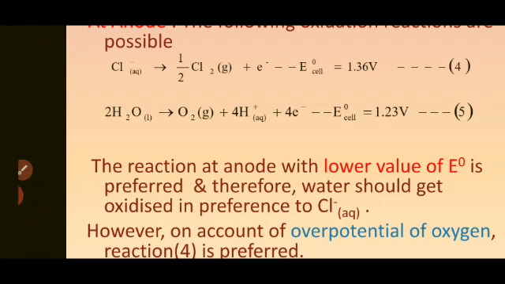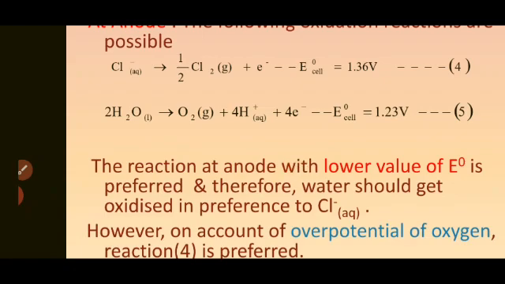These are standard values. Now out of these two reactions, which one has the lower value? The lower value is equation number 5, that is oxidation of water forming oxygen gas, right? The reaction at the anode with the lower value of E naught is preferred, and therefore water should get oxidized in preference to Cl minus aqueous.